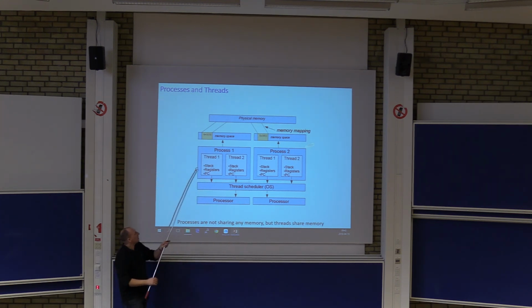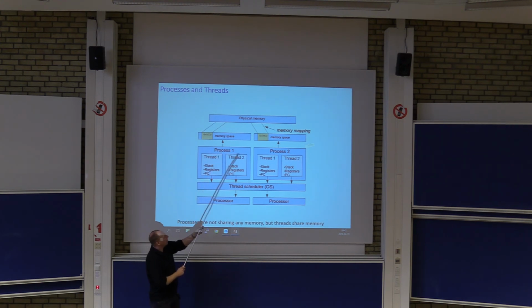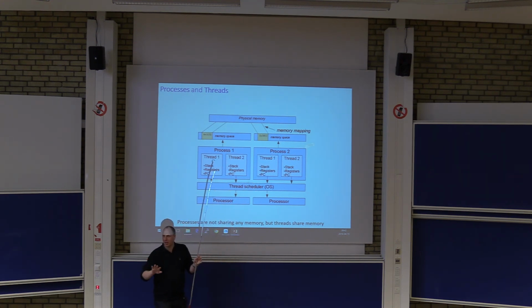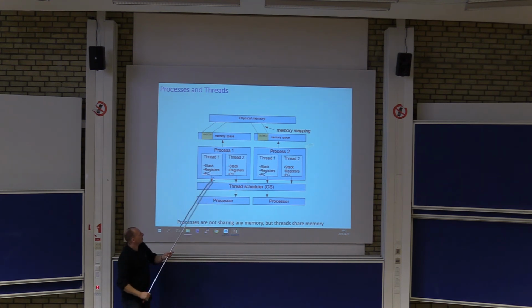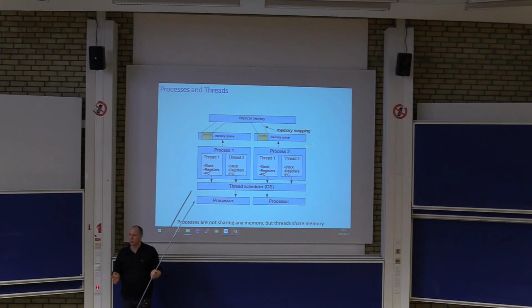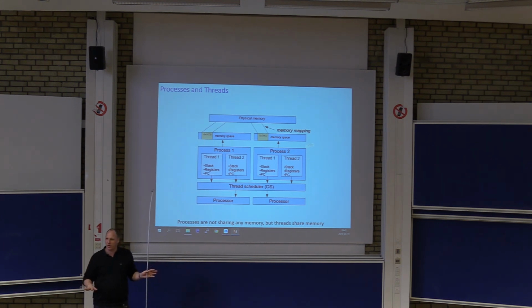So you can't access the memory from process 1 in process 2 and vice versa. They are separated. And the reason why you do this is that if you make a mistake in process 1, it should never be able to bring down what you do in process 2. Right? So they are isolated from each other.